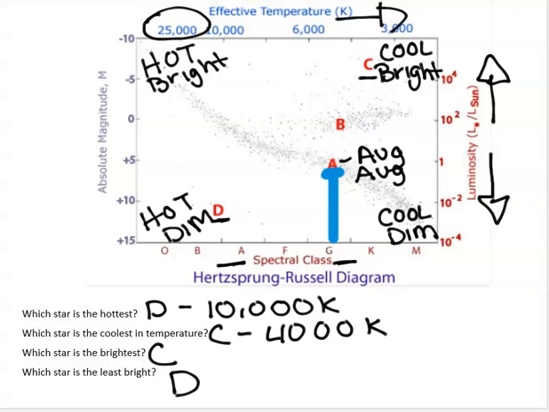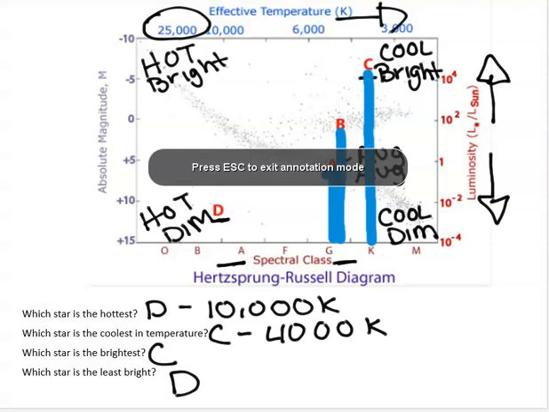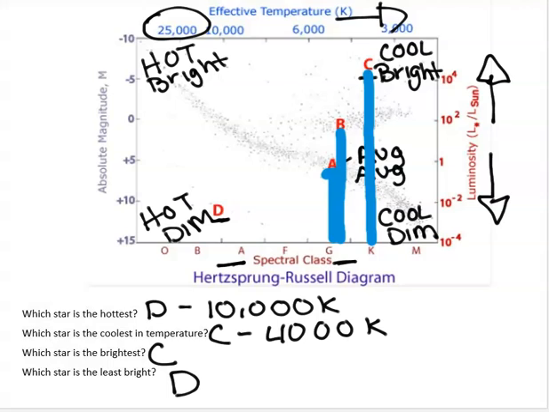So A is in spectral class G. B is also in spectral class G. C, if I just go straight down, is in spectral class K. And then D is in spectral class B. It's really close to that line there.